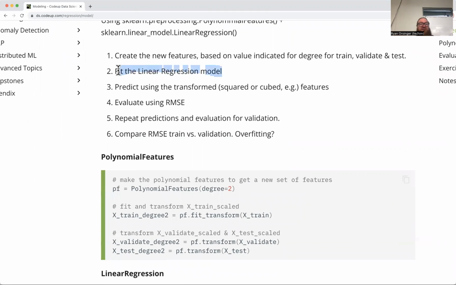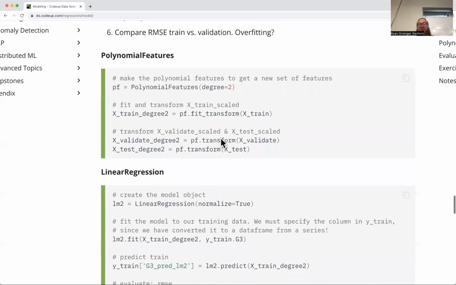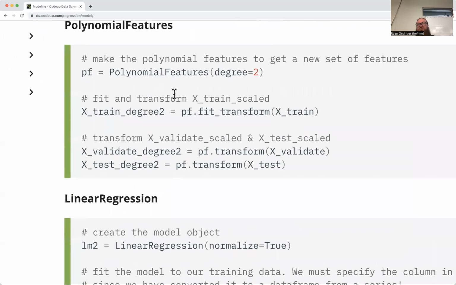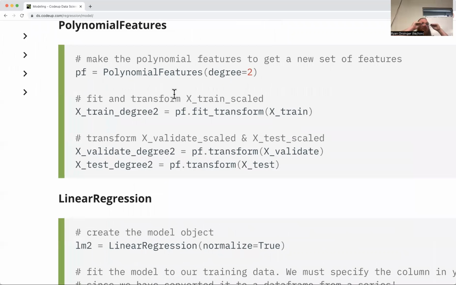And then we fit the linear regression model. We predict using the transformed features. We evaluate using an RMSE. We repeat our predictions for evaluation, and then we compare our RMSEs from validate and train to see if we're overfitting.